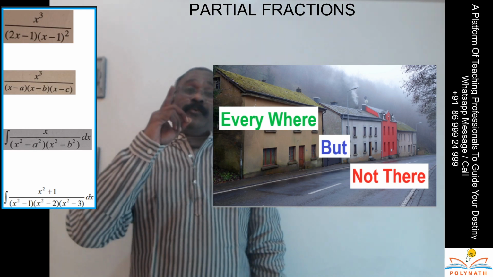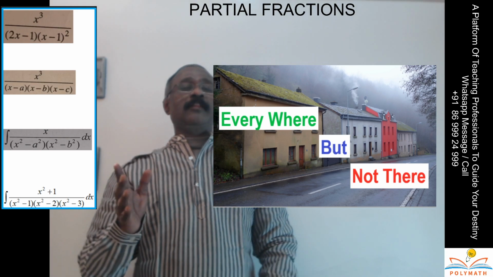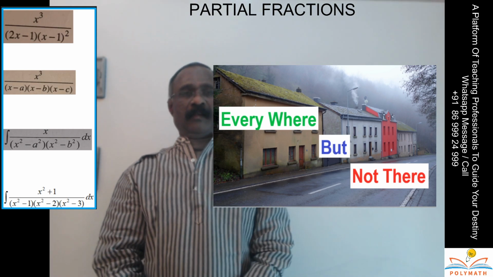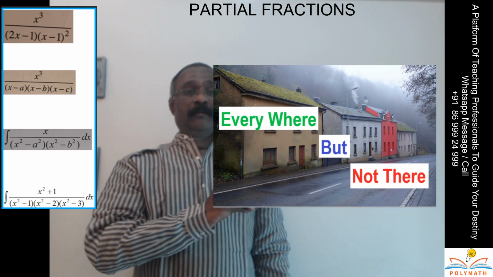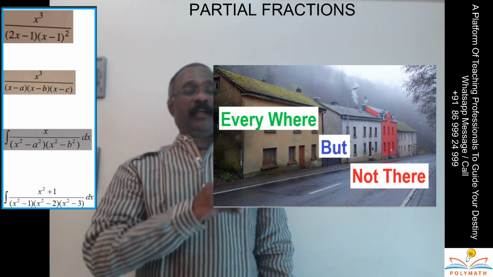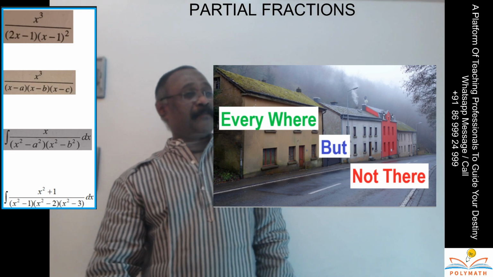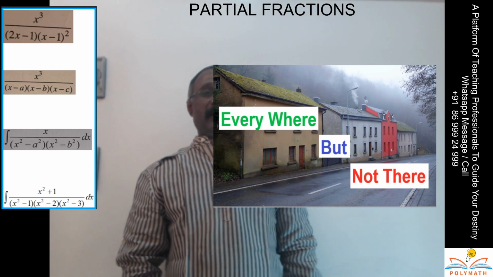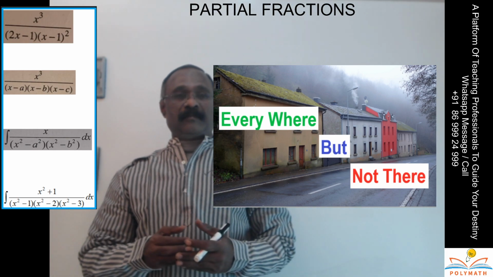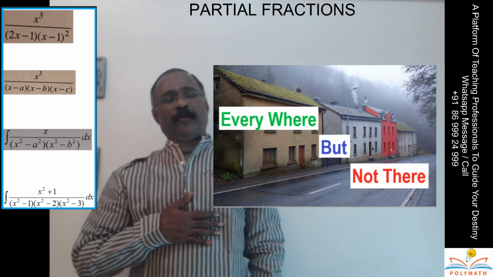But before that, you must know the basics of partial fractions, that is, the number of fractions that are to be split is less than or equal to the number of factors in the denominator. Whenever there is a linear factor, first degree, in the denominator, you will have a constant in the numerator.